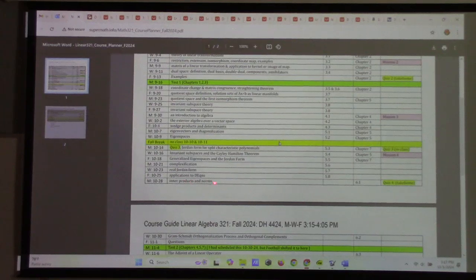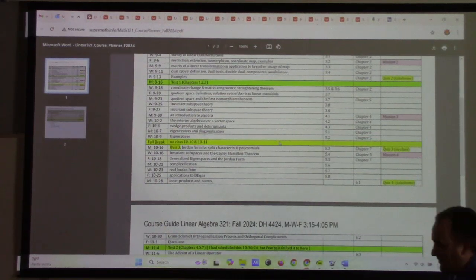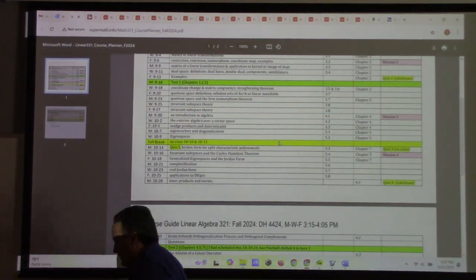Now, the inner products and norms and Gram-Schmidt orthogonalization, this is not on test 2. Test 2 just covers chapters 4, 5, and 7 of the textbook, the material since test 1, but not chapter 6. All right, so that's a brief overview.